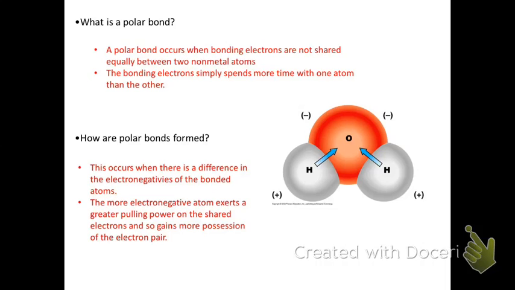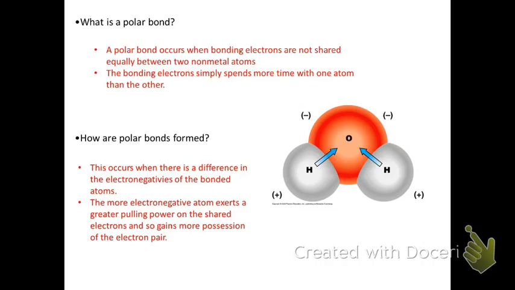And that tug of war is always won by the more electronegative atom. If you recall from our earlier lectures, electronegativity is simply the measurement of the attraction of bonding electrons, and different atoms have a different attraction to bonding electrons.